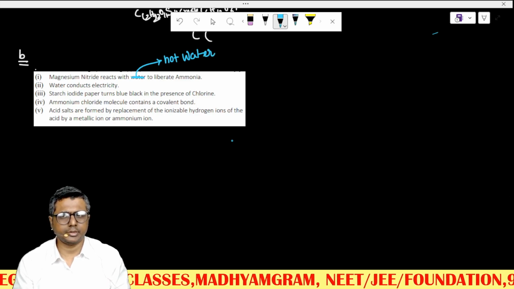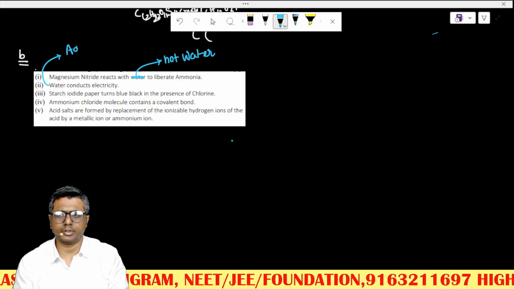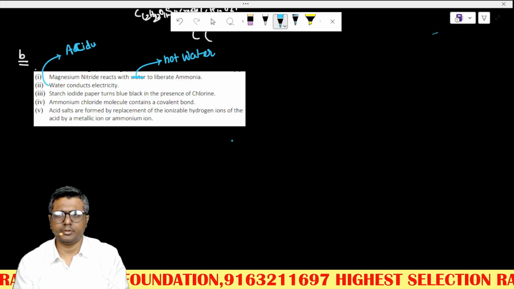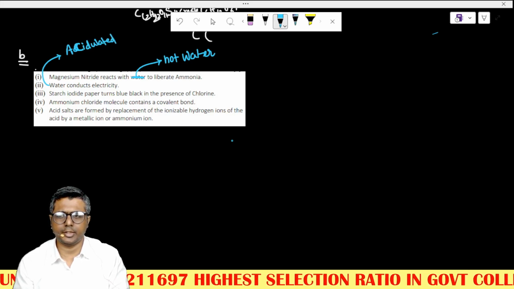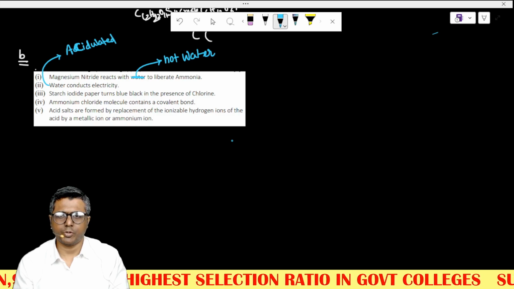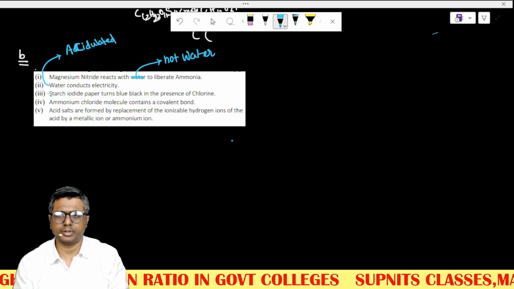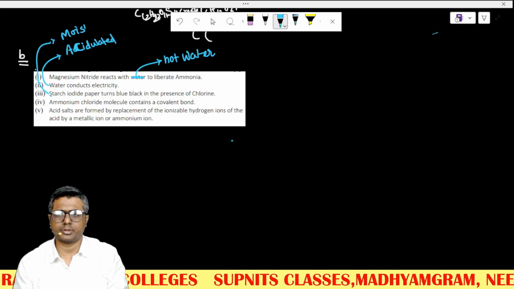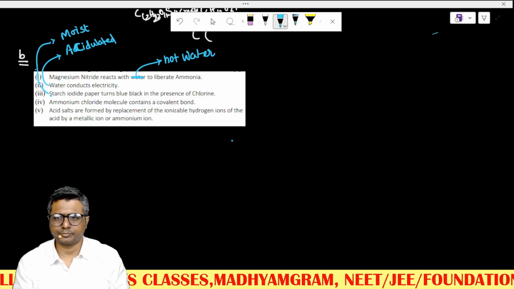Water conducts electricity. No, you can write acidulated water conducts electricity. Moist starch iodide paper turns blue black in presence of chlorine.